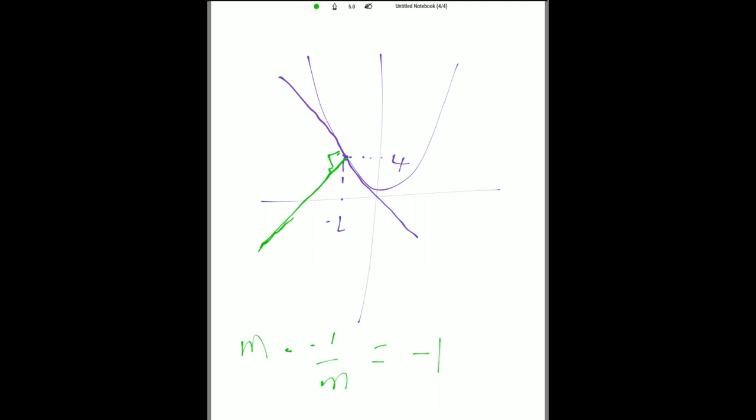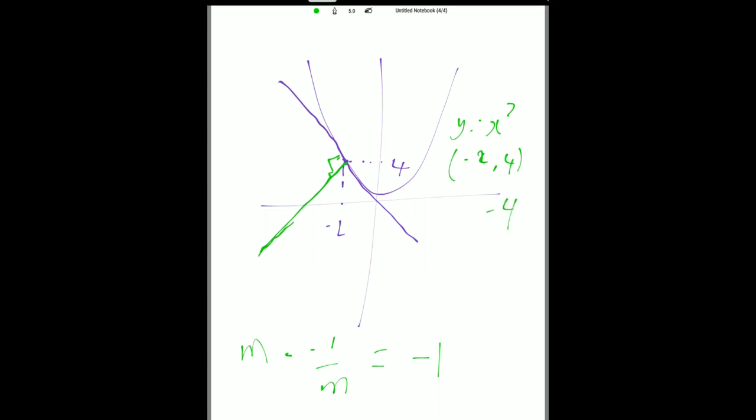We know that the gradient of the tangent to the curve y equals x squared at the point negative 2, 4 is negative 4. Now, what would the gradient of the normal be? The gradient of the normal would have to be 1 over 4, since 1 over 4 times negative 4 gives you negative 1.